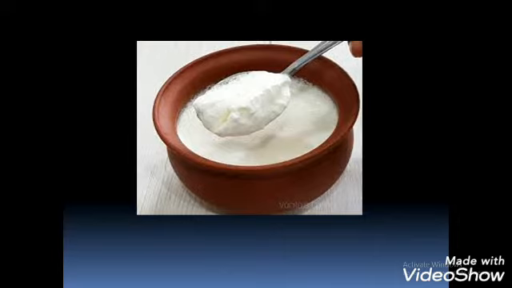Sometimes milk becomes sour. So, this souring of milk is also a change. Then the stretched rubber band also represents a change. So, these are all examples of changes that happen in our surroundings.